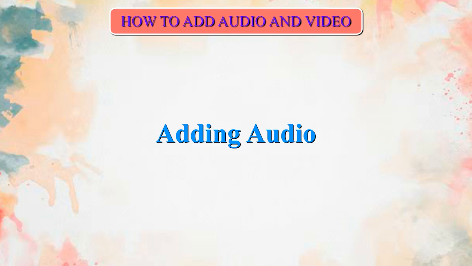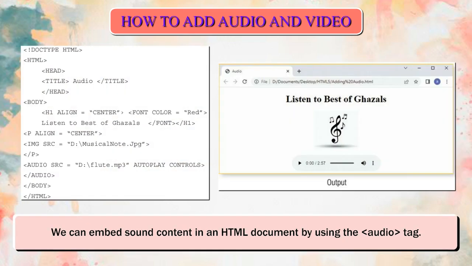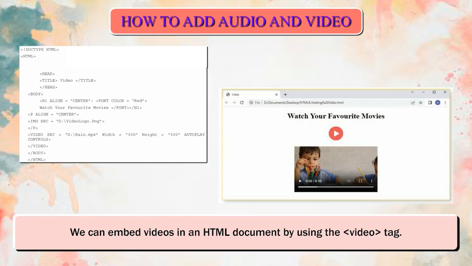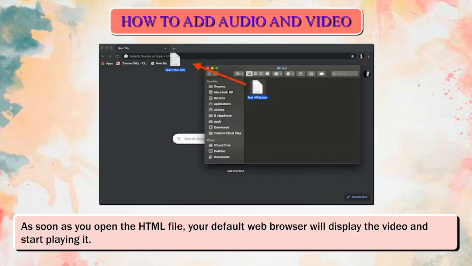Adding audio. We can embed sound content in an HTML document by using the audio tag. Adding video. We can embed videos in an HTML document by using the video tag. As soon as you open the HTML file, your default web browser will display the video and start playing it.